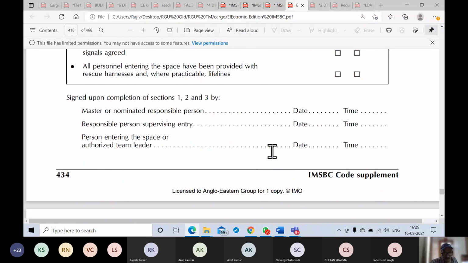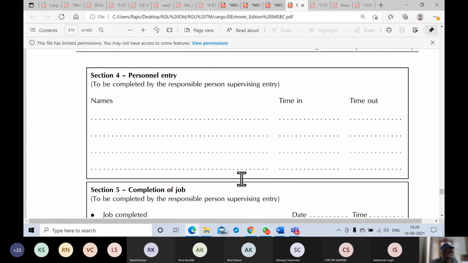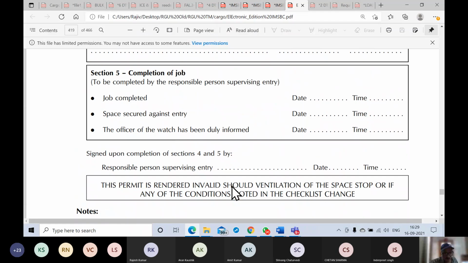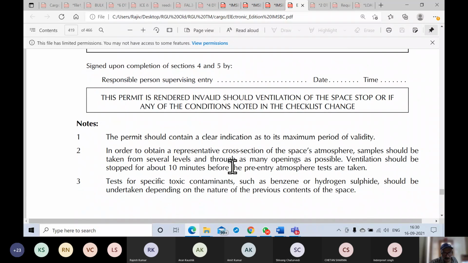And then of course the date, signature, etc., which is part of the form. The supervisor who is doing the job. Most importantly, it should be a valid permit for such and such time. It cannot be an everlasting thing. The permit should be valid for a particular period of time.